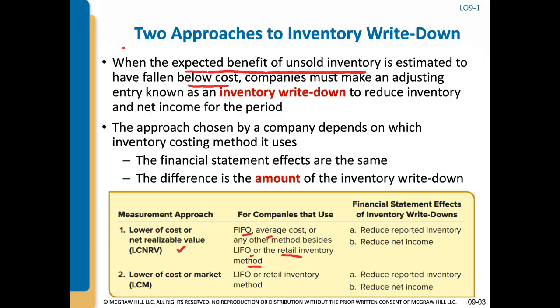The second measurement approach is the lower of cost or market, and that's if you do use LIFO or the retail inventory method, you write down your inventory based on the lower of cost or market. No matter which method is used, they'll both reduce the reported inventory and they will both reduce the net income, because the way we write down inventory is credit inventory, debit cost of goods sold, which would reduce your net income.